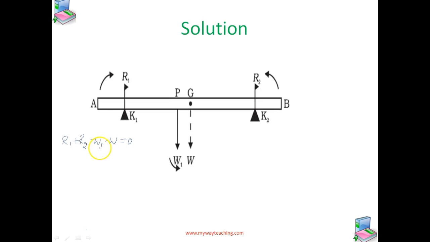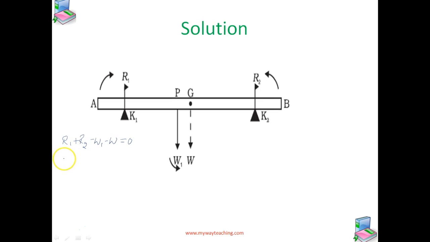For considering rotational equilibrium, we take moments of the force, isn't it? A convenient point to take the moments is about the center of gravity. So the moments of R2 and W1 are clockwise, and that is positive, whereas the moments of R1 and W are negative.